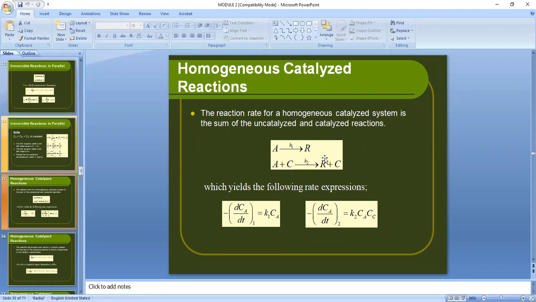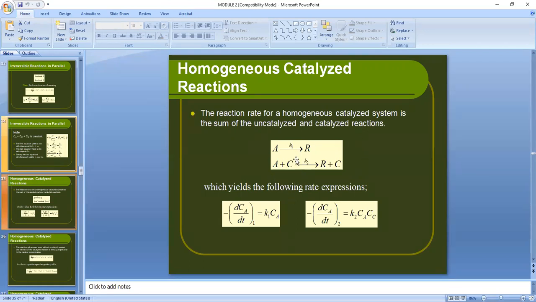So this is your original homogeneous reaction, for example, of A being converted to R. When it is catalyzed already, you account for the presence of the catalyst. So it has to be written in the left side and in the right side of the equation, even though it doesn't participate or it's not being consumed. Its sole purpose is to increase the reaction rate.